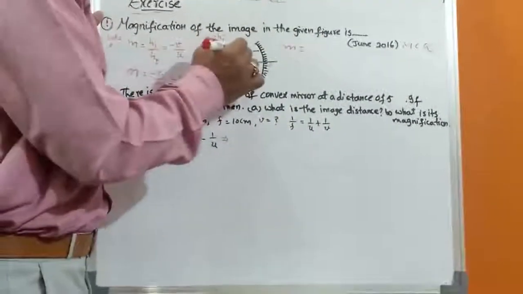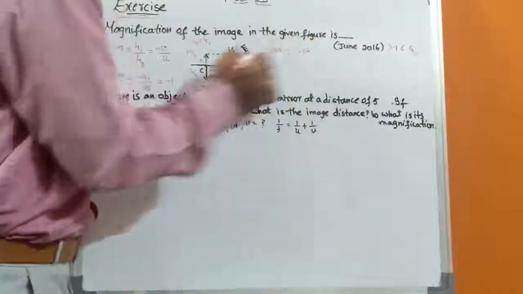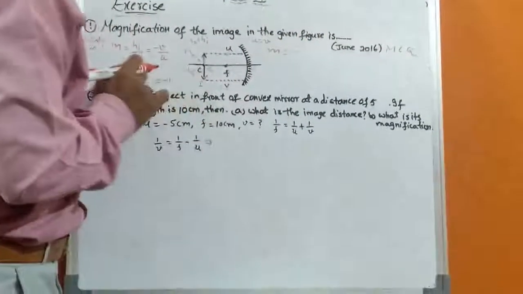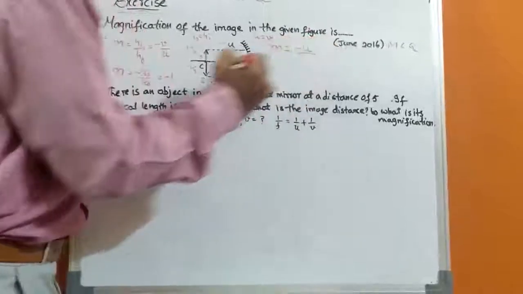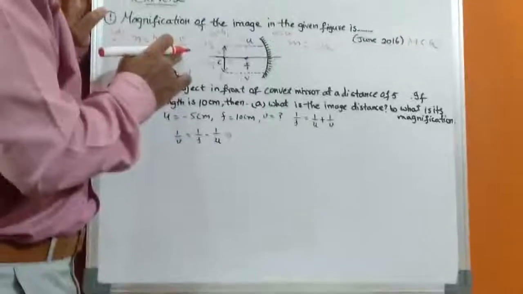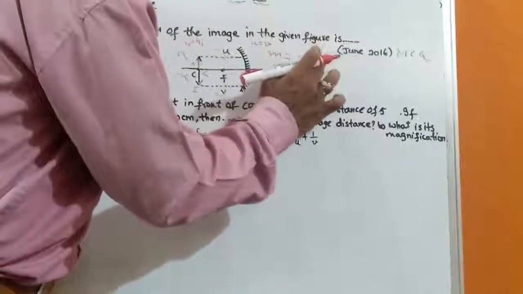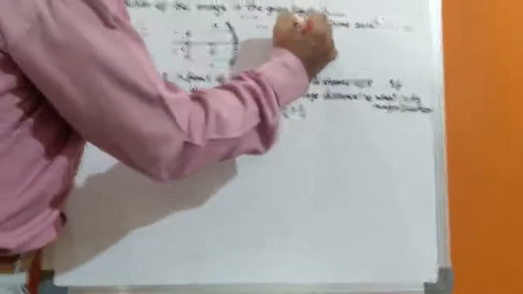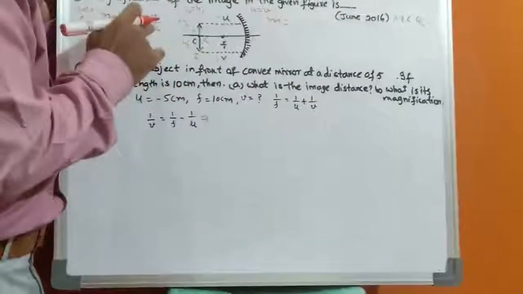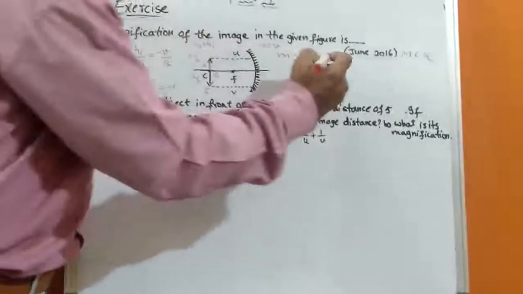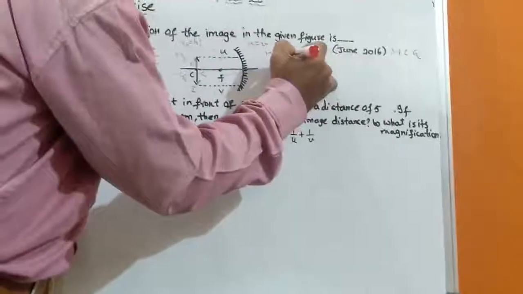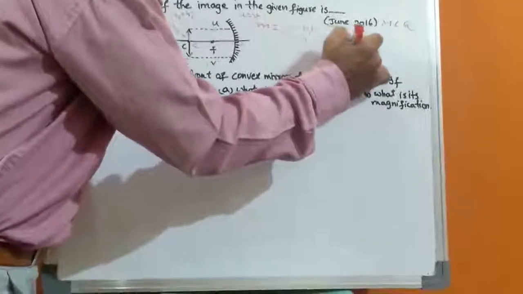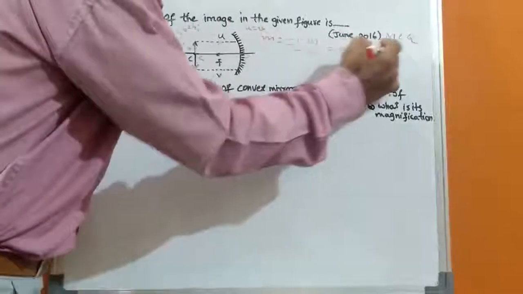Minus V, where V is positive only, and this distance is also the same, U equals V. So minus V by U, where U is minus U: minus into minus gives plus, U by minus U, U gets cancelled, so 1 by minus 1 means minus 1.